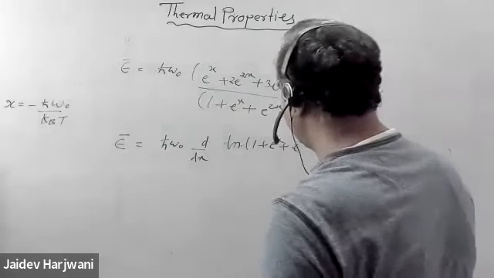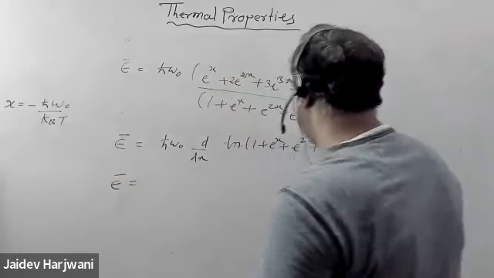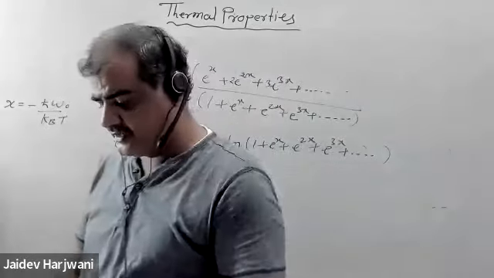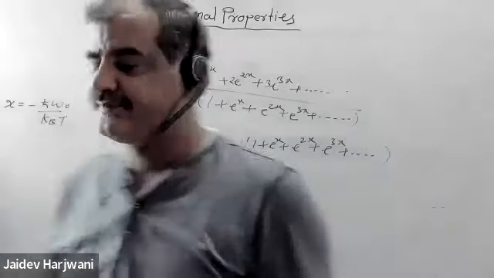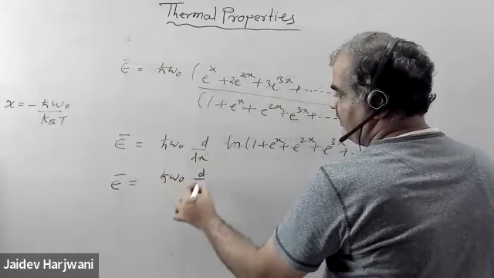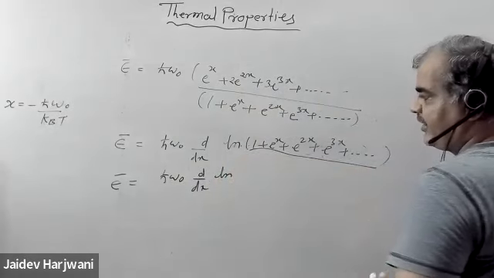Now how can we calculate the energy? How can I solve this one? I have h cut omega naught d upon dx of ln of this, which is a geometrical series.